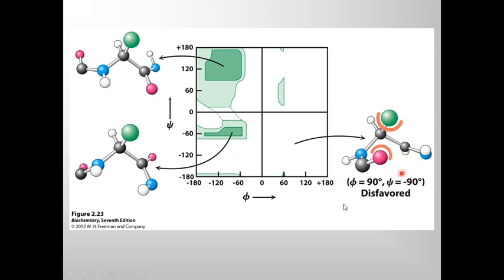Whereas this kind of conformation where phi and psi are 90 and minus 90 degrees respectively is disfavored because when you rotate the molecule, the CO would sterically clash with the methyl group, and that is disfavored. So this is how the Ramachandran plot helps you in predicting the feasibility of a specific psi and phi value for an amino acid residue in a peptide chain.